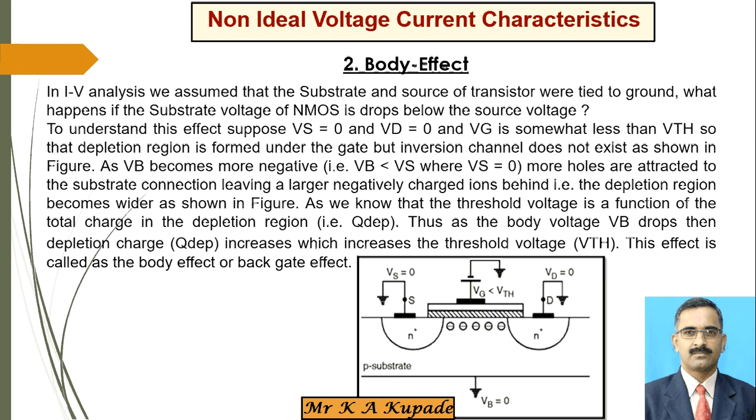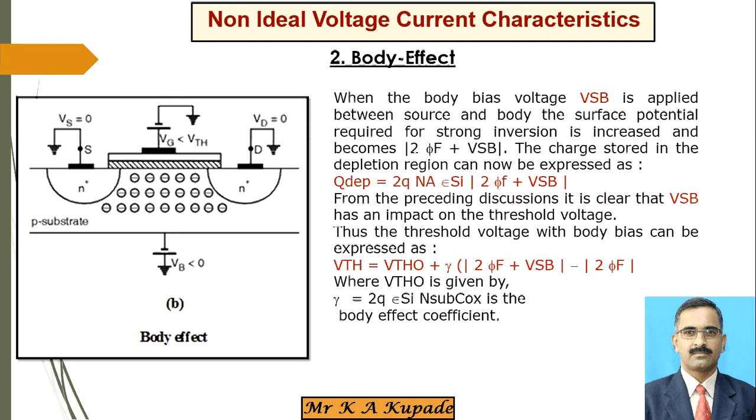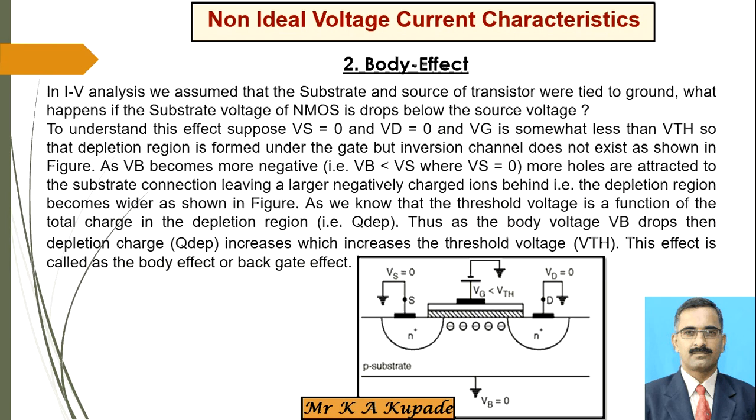As we know, the threshold voltage is a function of the total charge in the depletion region, that is Q depletion. Thus, as the body voltage VB drops, the depletion region increases, which increases the threshold voltage.